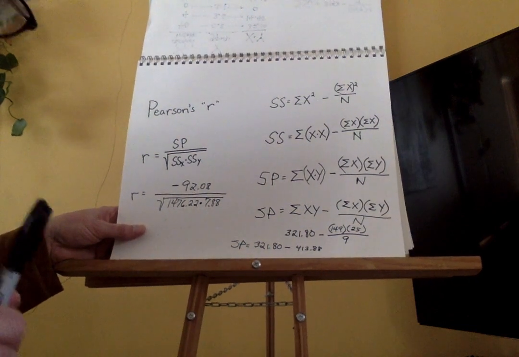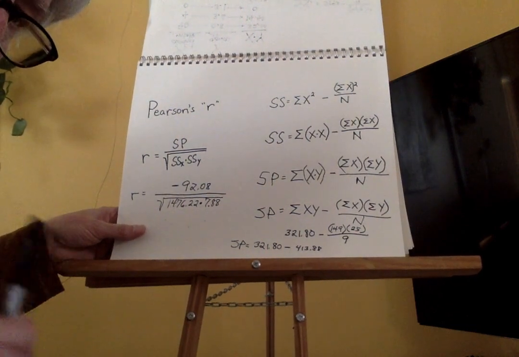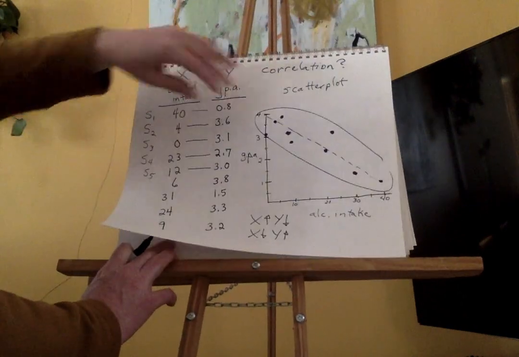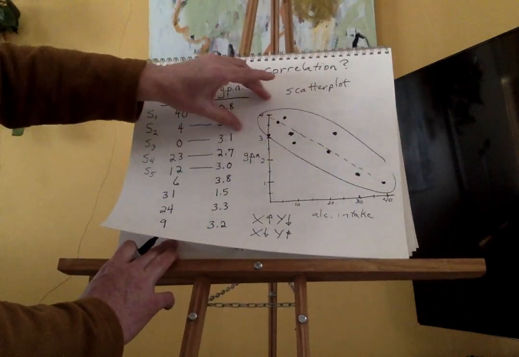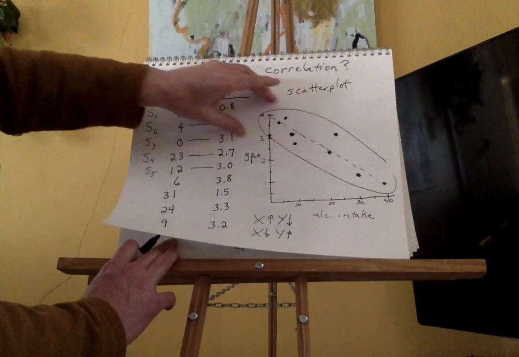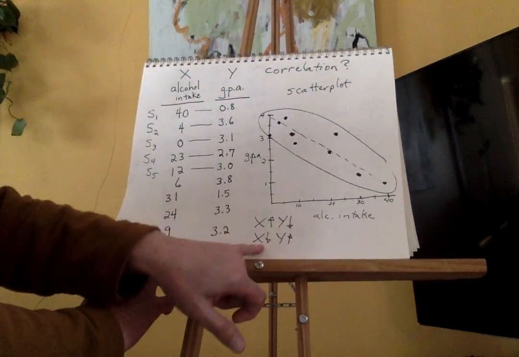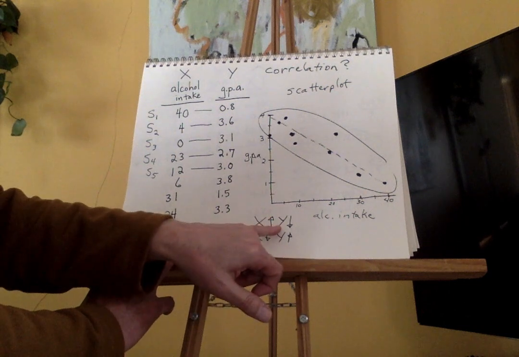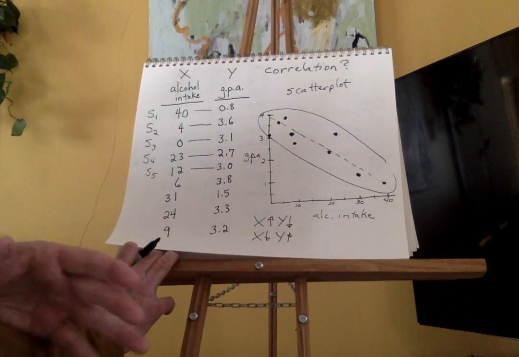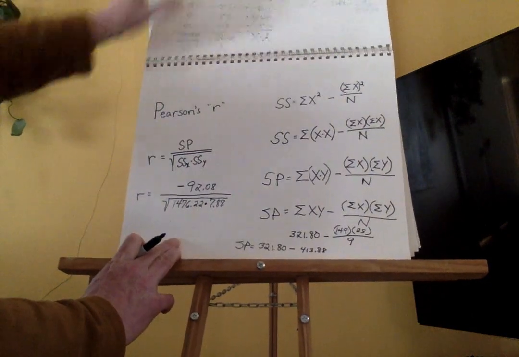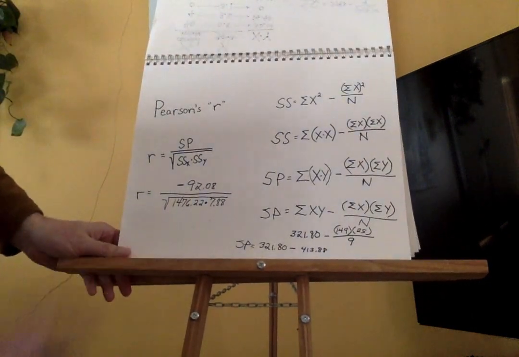And here's the conceptual part, folks. If you have a negative slope in your points here, if the relationship looks like this, the variables are changing in opposite directions, then your r value will be negative. Okay?